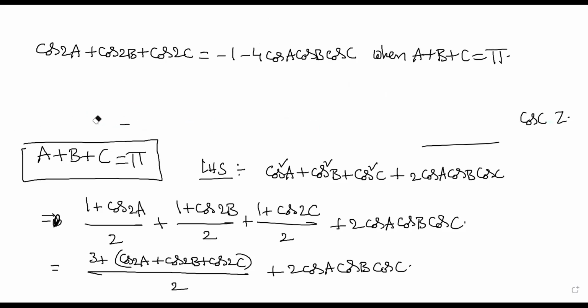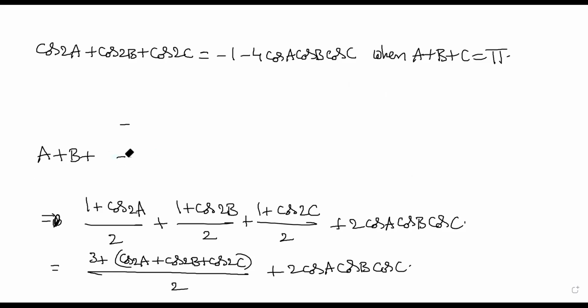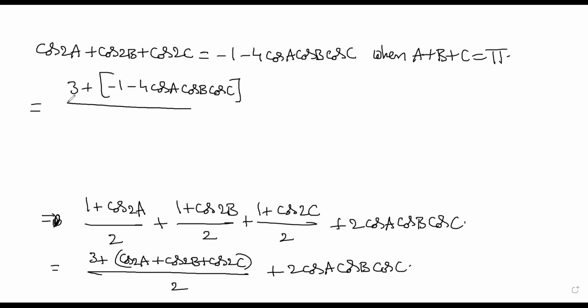So let's substitute the result we have. When you substitute the result, it becomes (3 plus -1 minus 4 cos a cos b cos c) whole divided by 2 plus 2 cos a cos b cos c. 3 minus 1 is 2.